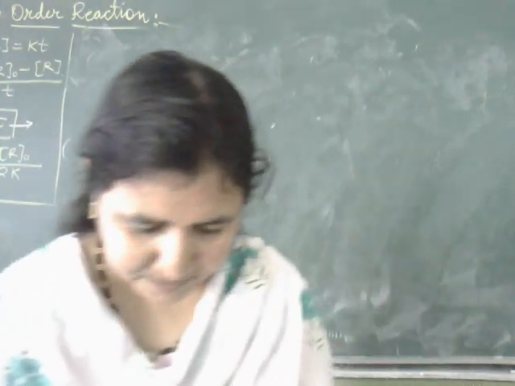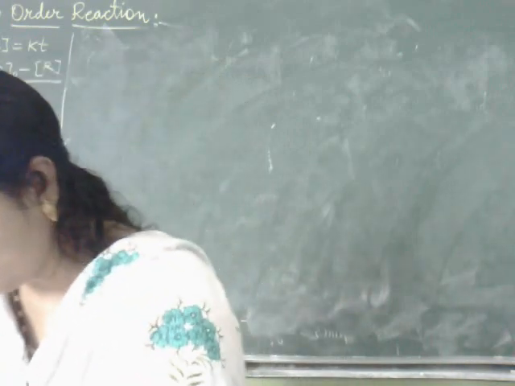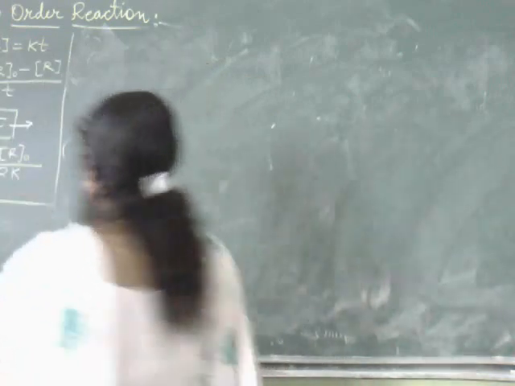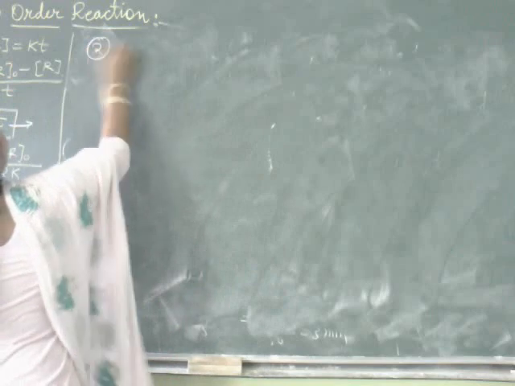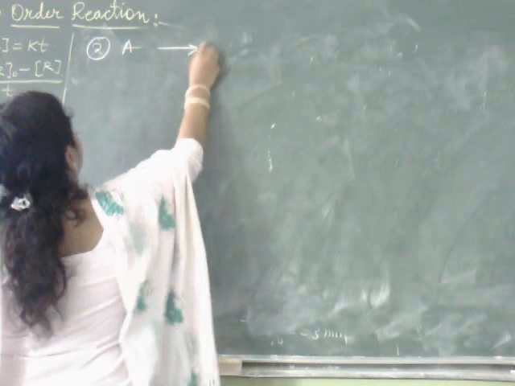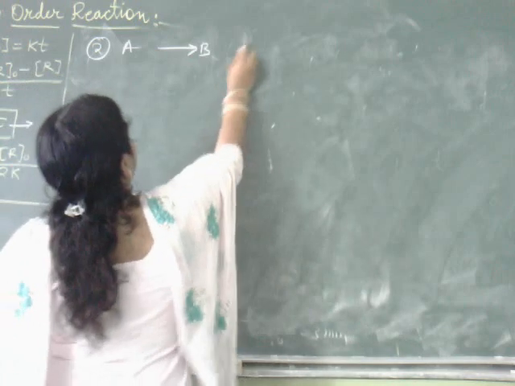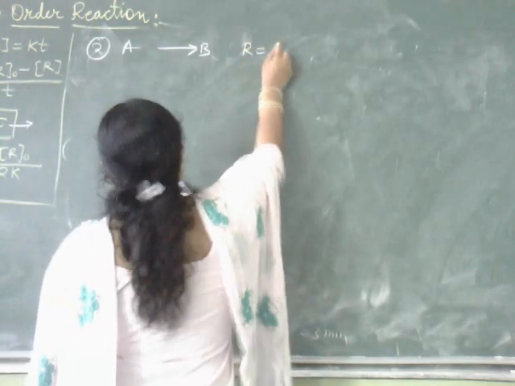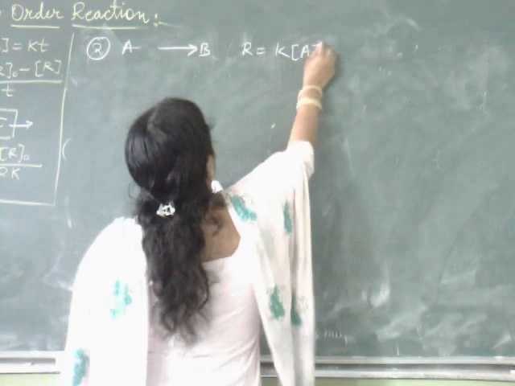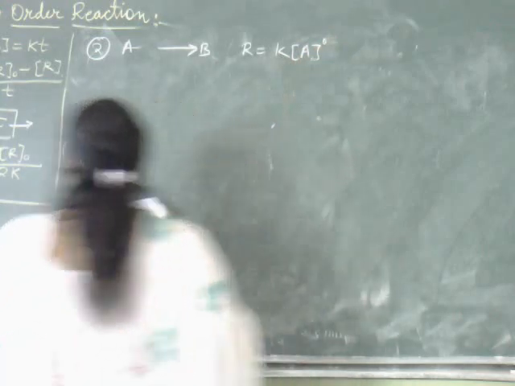Next question. Second question. A gives product B. Okay. And the rate is R equals K A to the power 0.